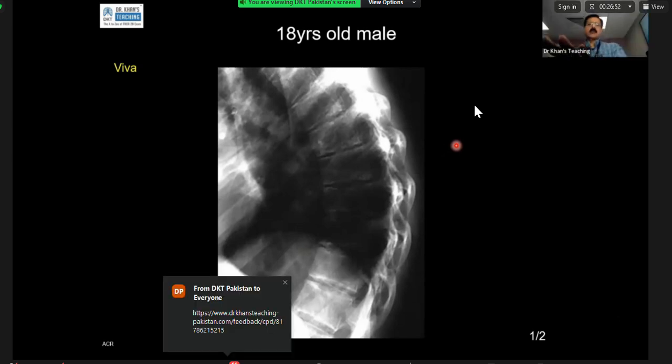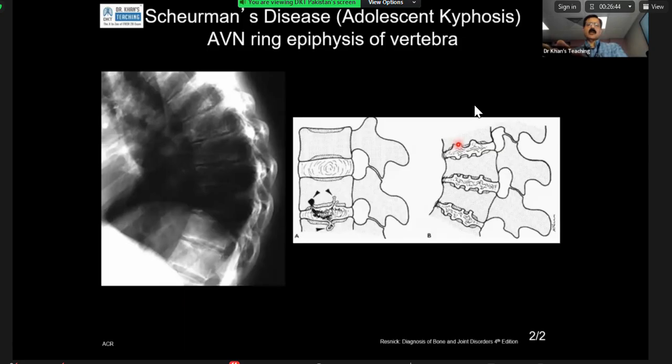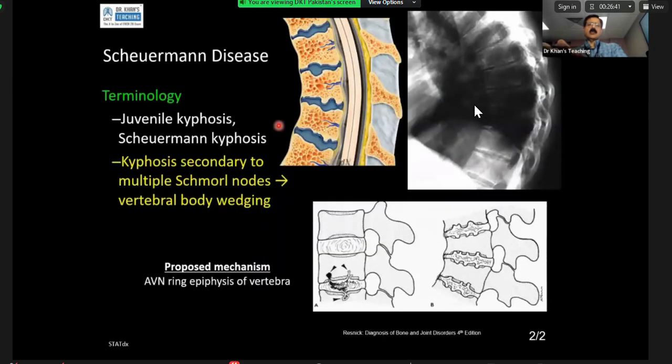Excellent, well done. So, what is Scheuermann's disease, also known as adolescent kyphosis? The proposed mechanism is that there is avascular necrosis of the ring epiphysis of the vertebra.